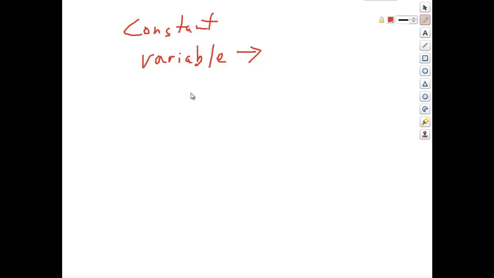Okay, so for example, we can use the letter A and say that's a variable. So if 3A equals 3, that must mean that A equals 1. Okay, because A simply represents a number.